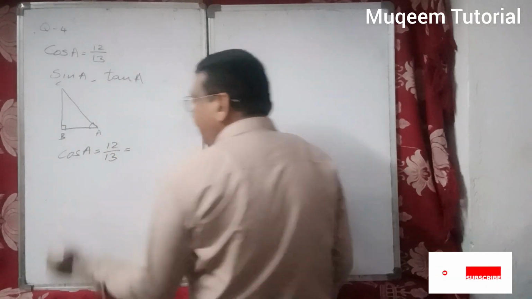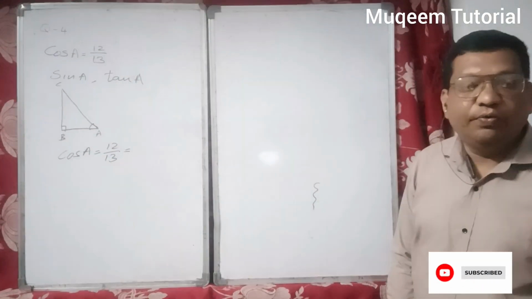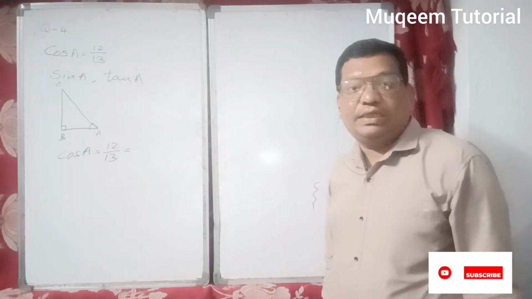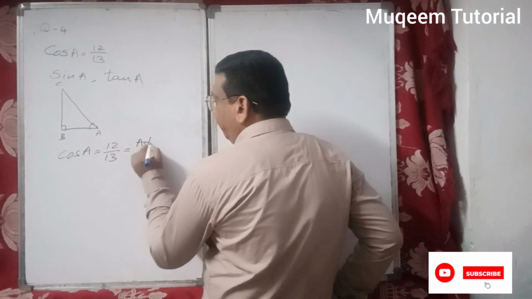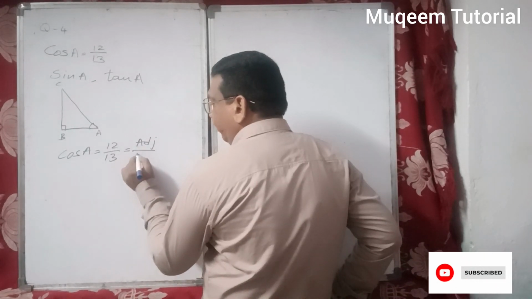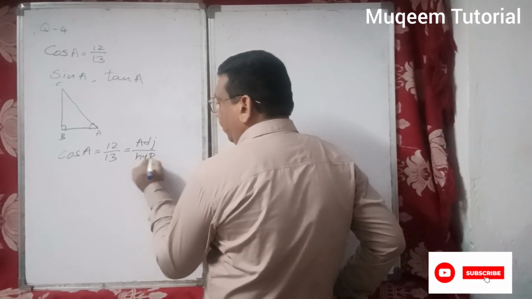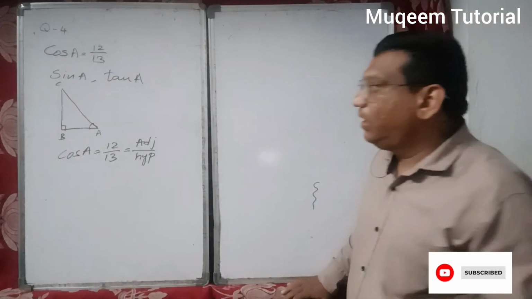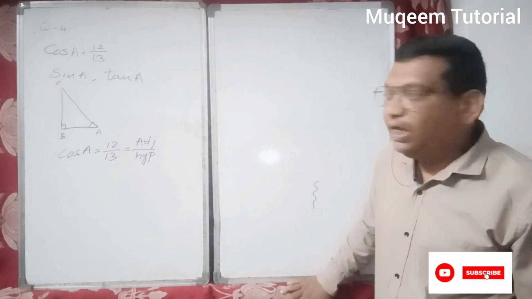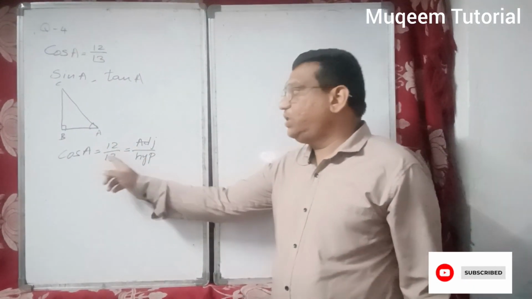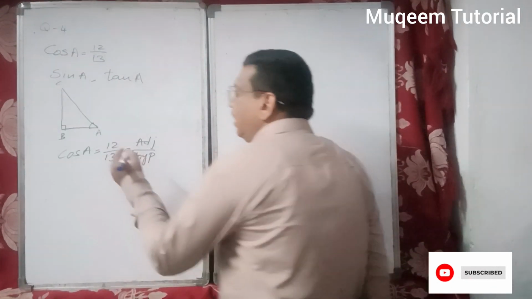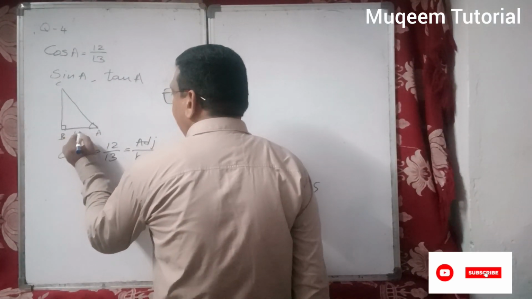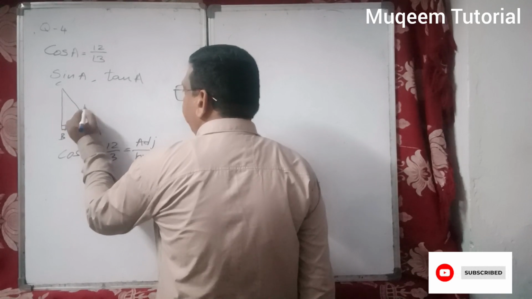We know that cos is equal to adjacent by hypotenuse. So when we are saying cos A is equal to adjacent by hypotenuse, adjacent is 12 and hypotenuse is 13.